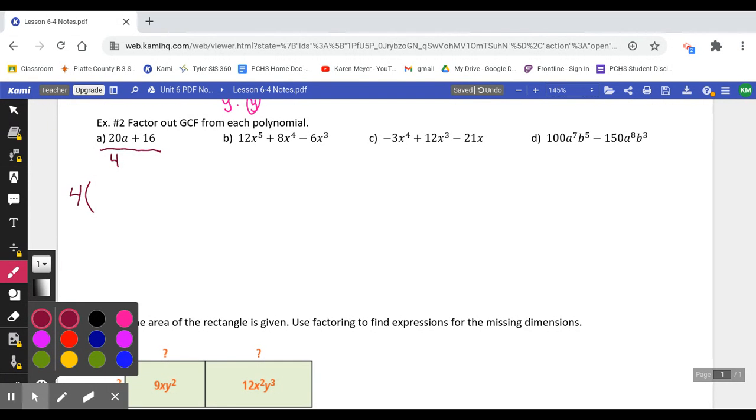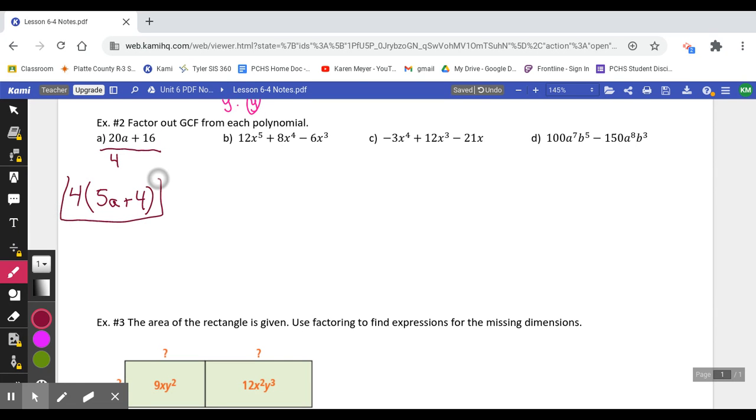Then we're going to open our parentheses and state what we have left. 20 divided by 4 is 5. Keep my a attached to that. Keep the plus sign, and 16 divided by 4 is 4. Now, doesn't this look like something for distributive property? Yes, it does. So remember, we talked at the very beginning that GCF was the opposite of distributive property.